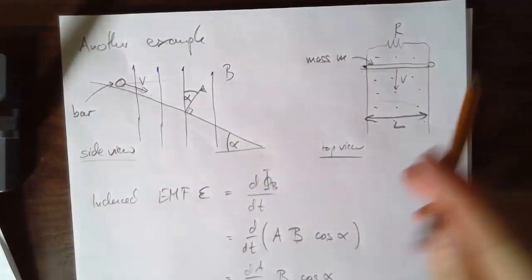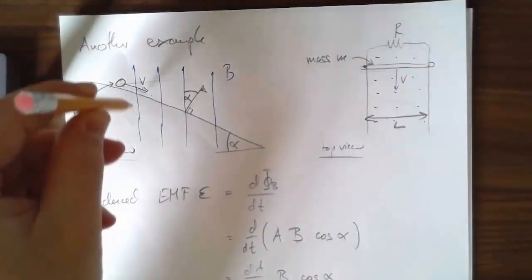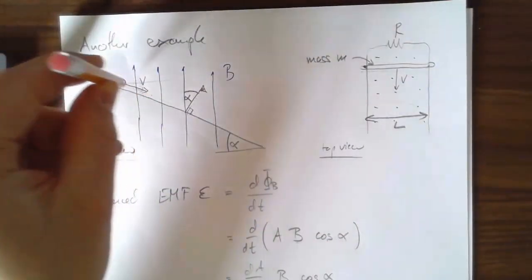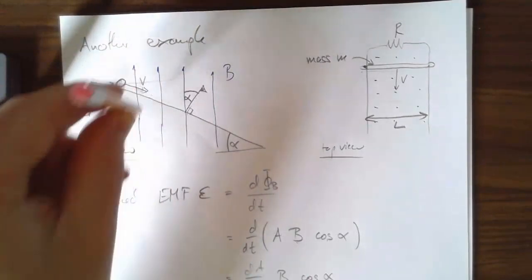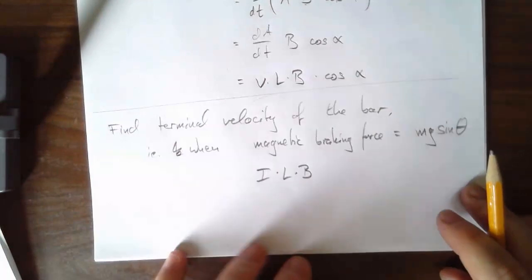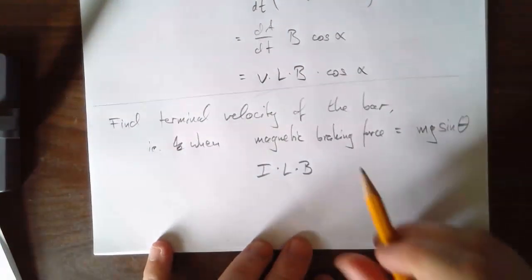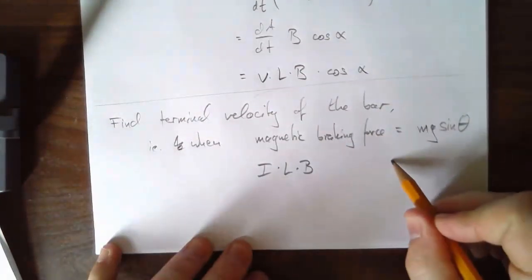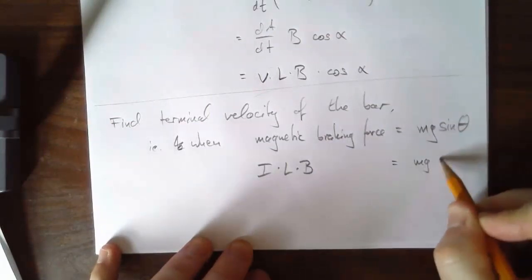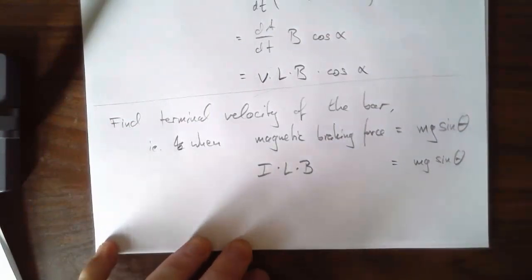The current goes like this, perpendicular to the magnetic field, so there's no extra angle dependence here. Again, make sure you understand that. That better be equal to mg sine theta when those forces balance out.